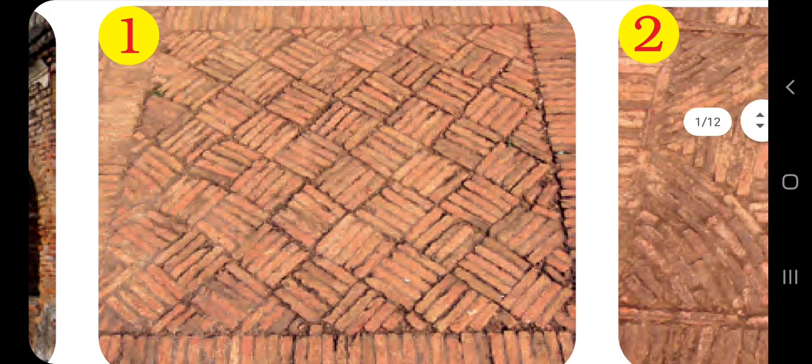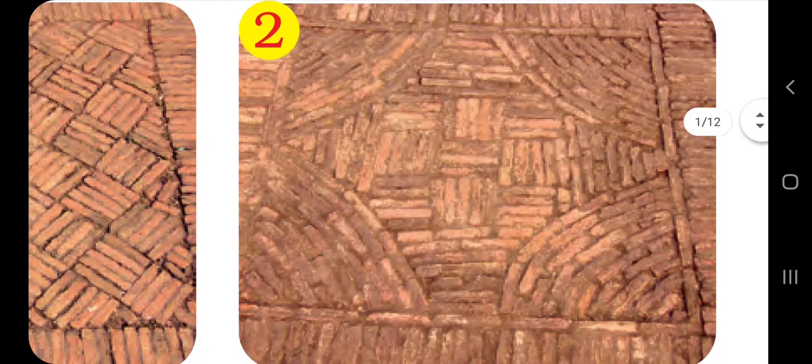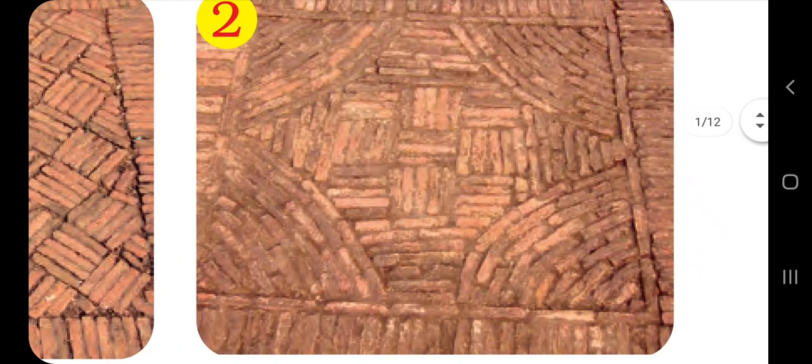Now, if we see pattern 2, here also the middle bricks are surrounded by a square type of structure which is also made of bricks.